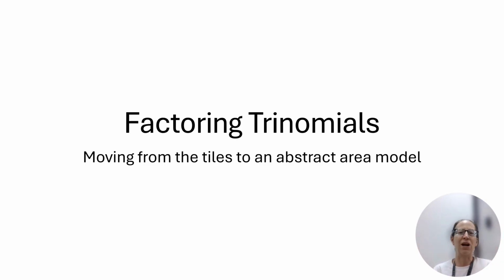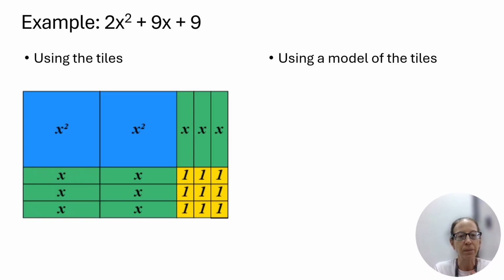Some of you have expressed that you don't like how clunky they are. So we don't want to work with tiles forever, but we'd like to take the concept that drives how the algebra tiles work and make it more abstract so we can apply it to more kinds of problems. And that's what we're going to do in this lesson.